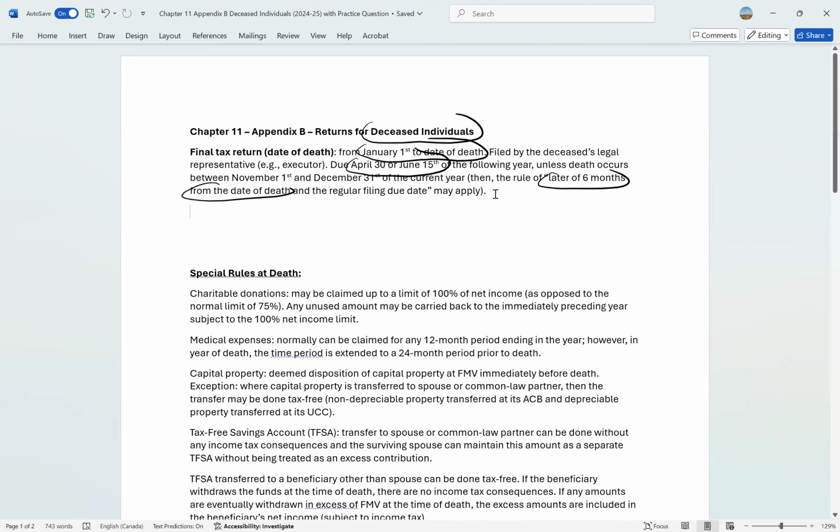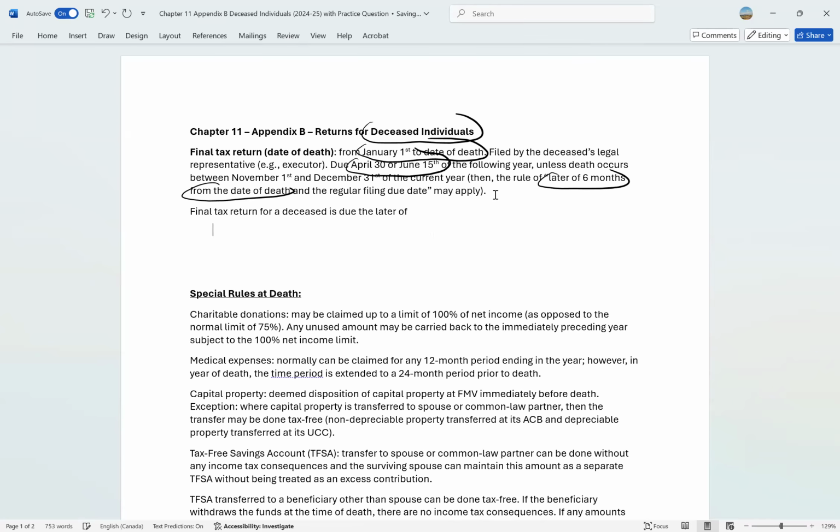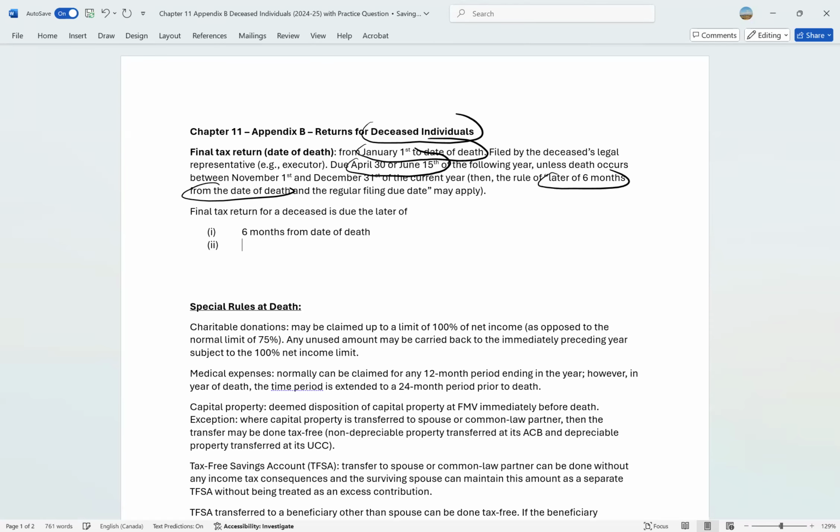So the final tax return for a deceased is due the later of 6 months from date of death or the regular filing due date.